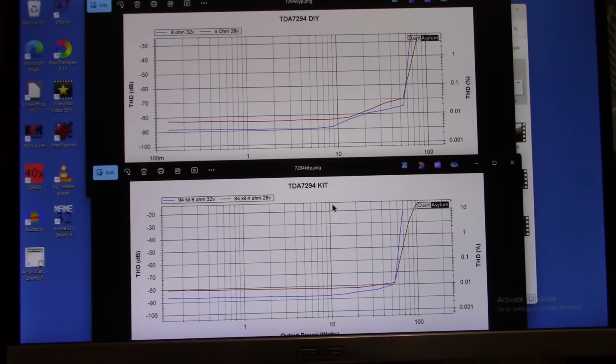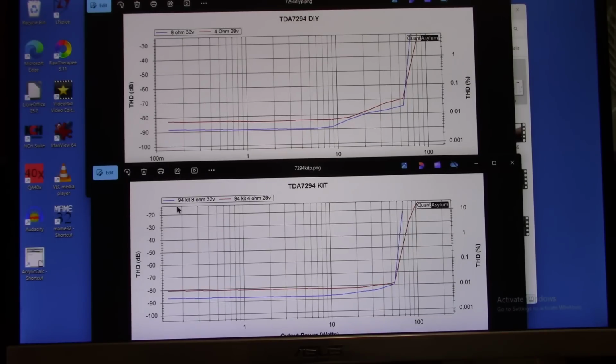Results are in. Have some power versus distortion graphs here. The one on top labeled DIY, well, that's the perf board one I assembled, soldered together. And the one labeled kit, of course, is that soldered together kit that somebody sent me years ago. I will say, first of all, that I'm limited with my power supply, that I can only go up to plus or minus 32 volts.